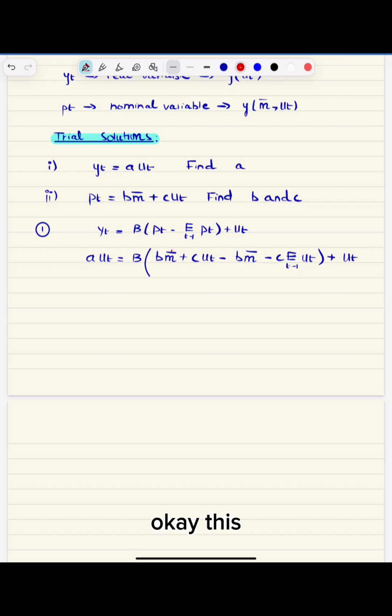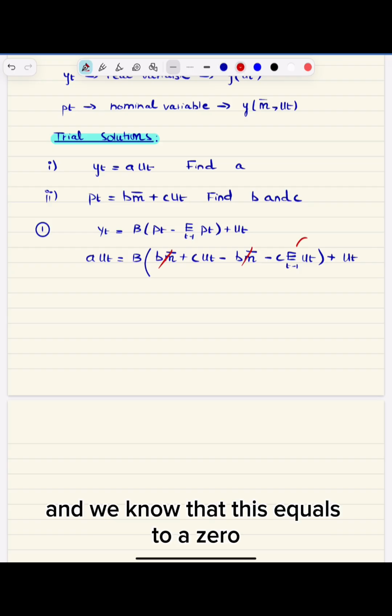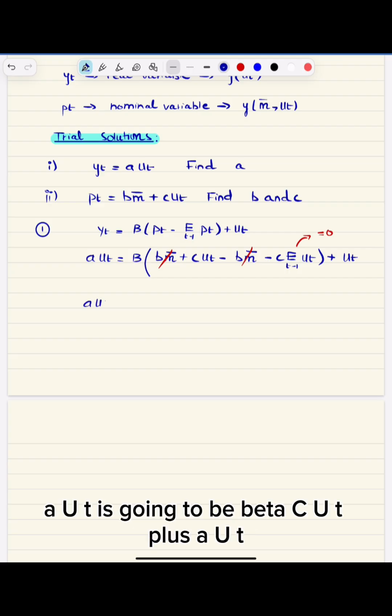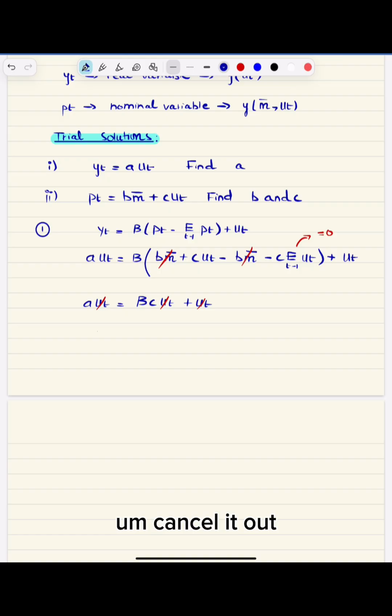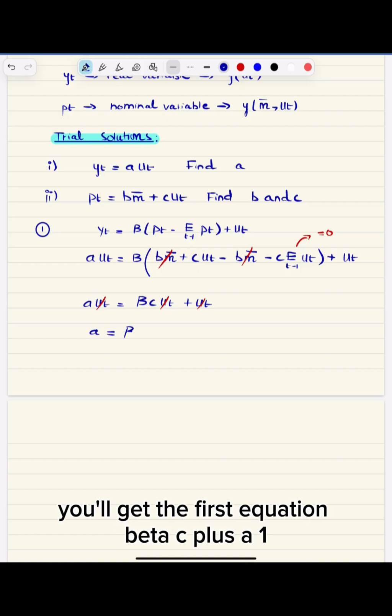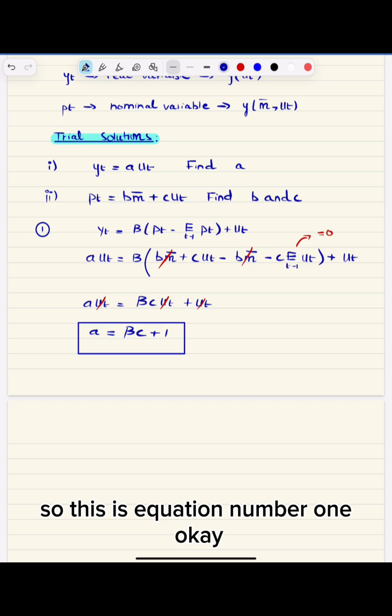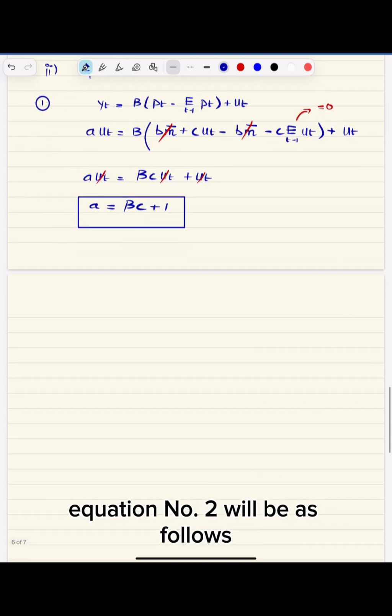Okay, this and this cancel out, and we know that this equals 0. So therefore A ut is going to be beta C ut plus ut, and therefore you can cancel out ut, and you'll get A = beta C + 1. So this is equation number 1. Okay, equation number 2 will be as follows.